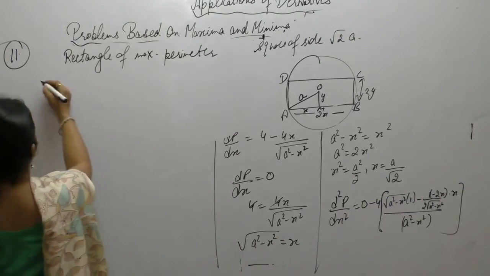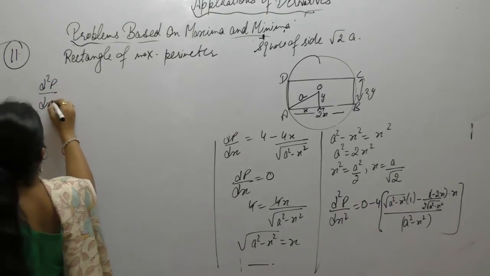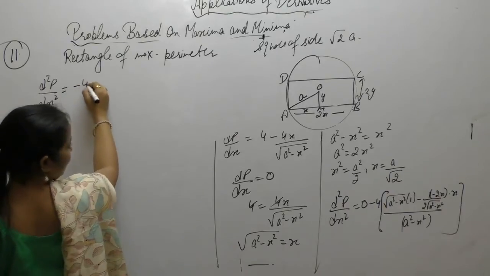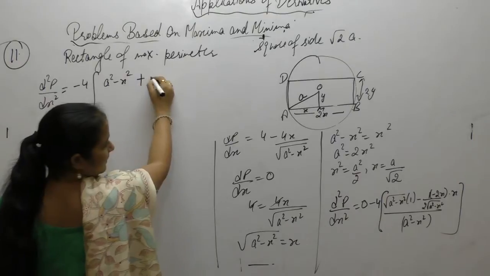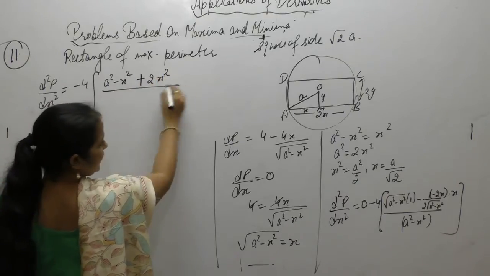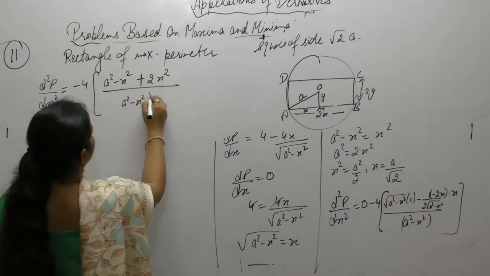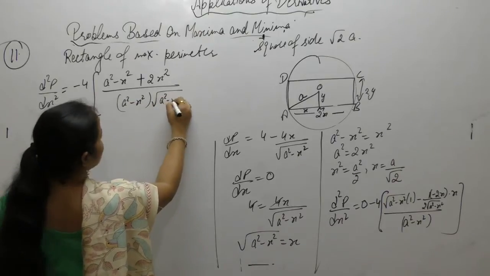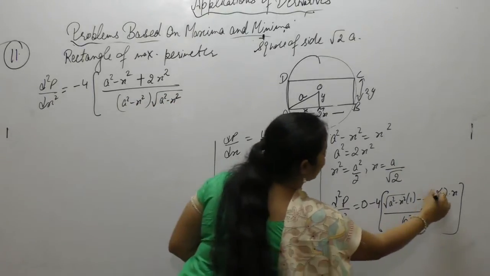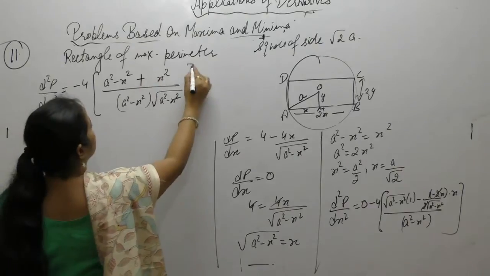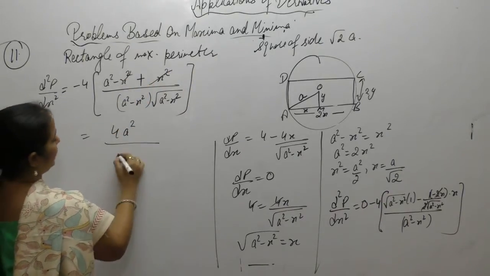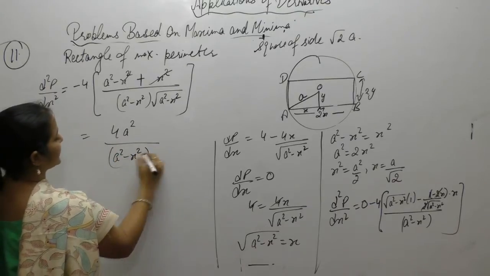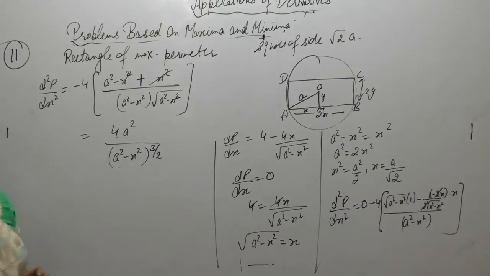So what we get? d square P upon dx square is minus 4, take the LCM, a square minus x square, minus minus plus 2x square, a square minus x square into root a square minus x square. This 2 will get cancelled here. So we get 4a square upon a square minus x square power 3 by 2.